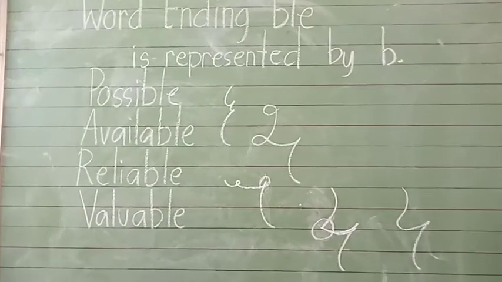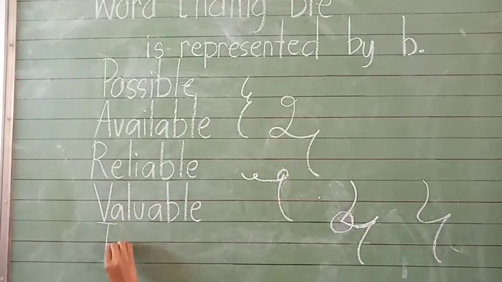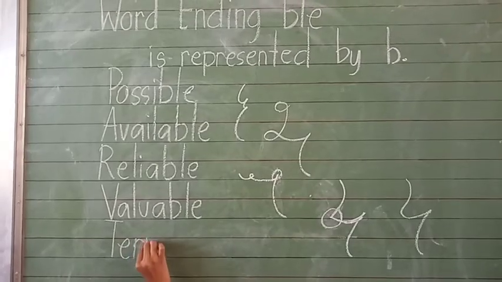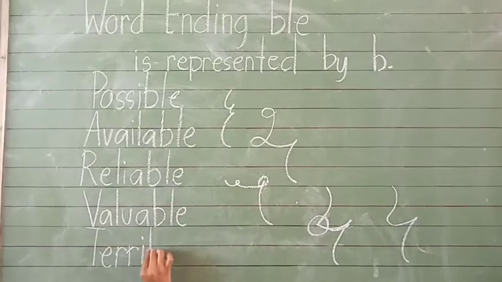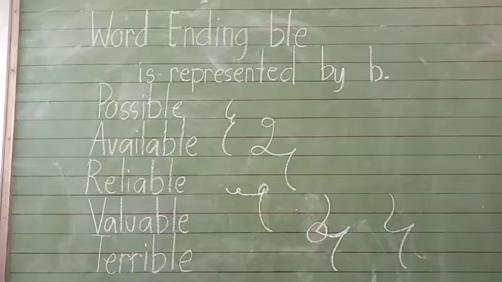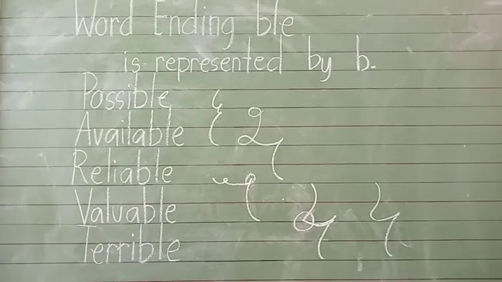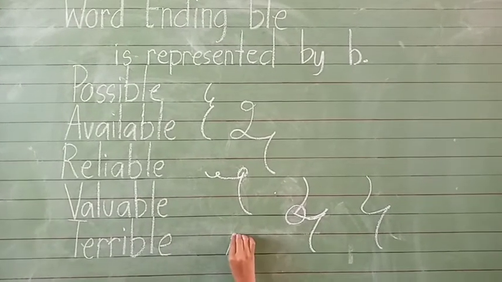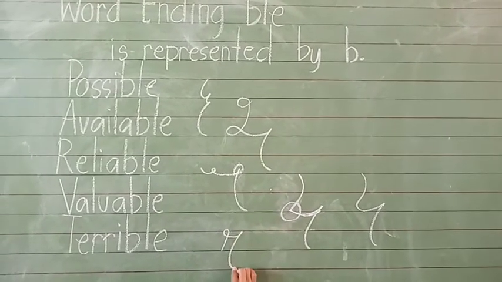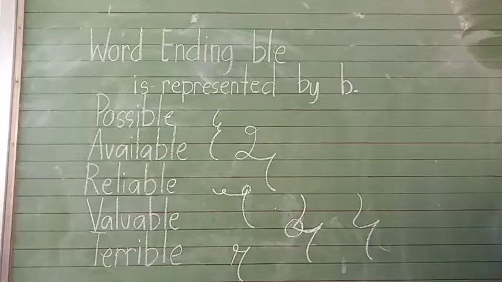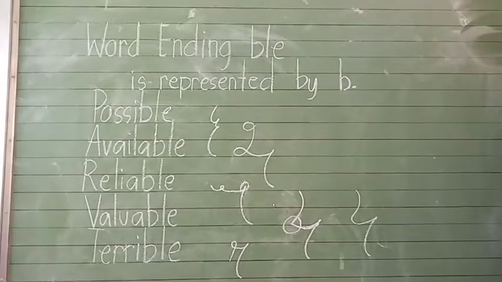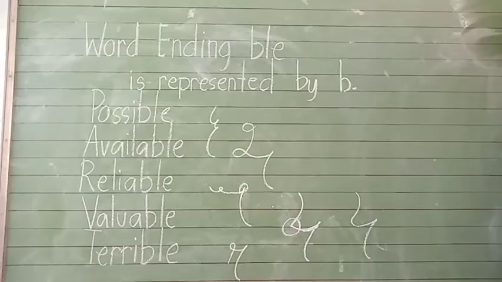Next, terrible is represented by T, E, R, and B. These are the principle number 3, the word ending ball.